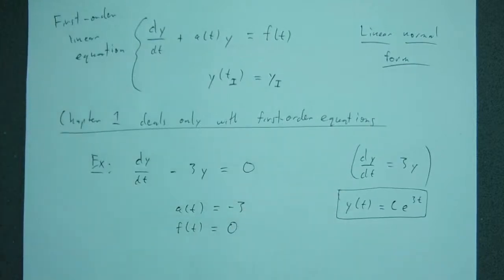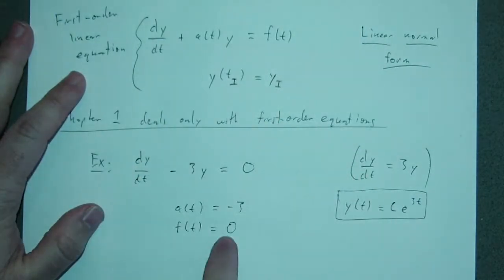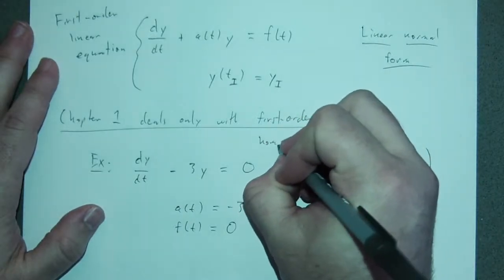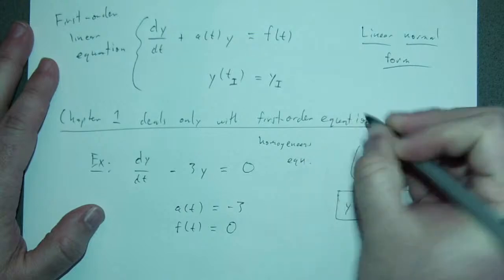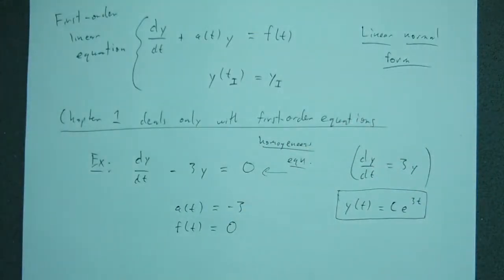So both a and f are constant. When the right-hand side function is 0, this is called a homogeneous equation.